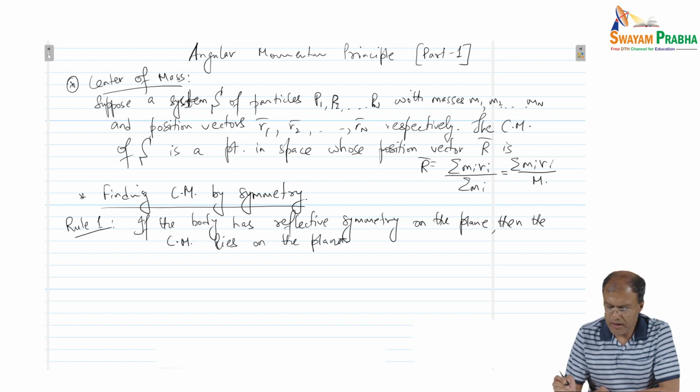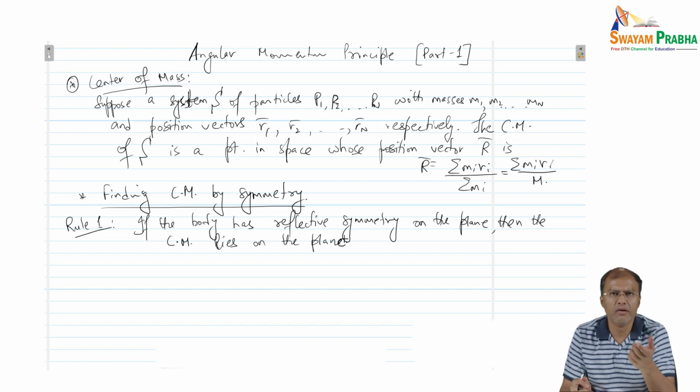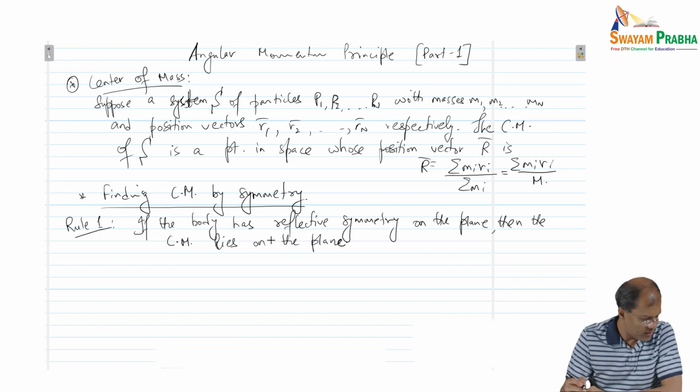Suppose we are talking about, let's say, a circle or a semicircle. We know that a semicircle with the diameter on the x-axis has a reflective symmetry about the y-axis. So in this case, rule 1 says that the center of mass lies on the plane, right? So that's the example.